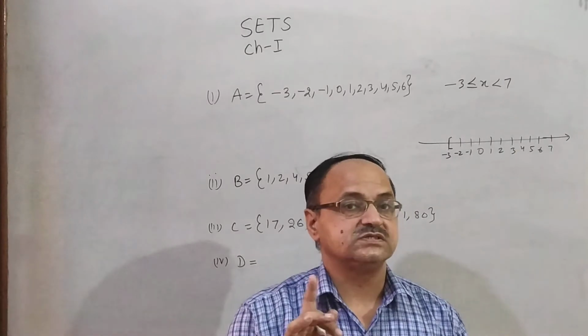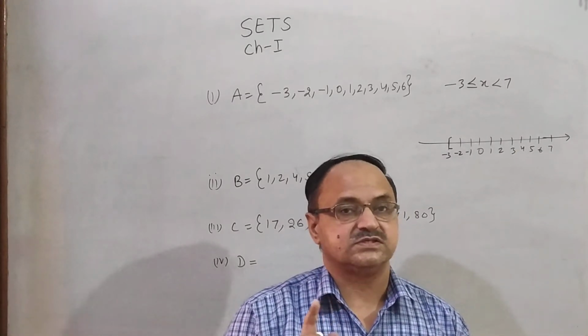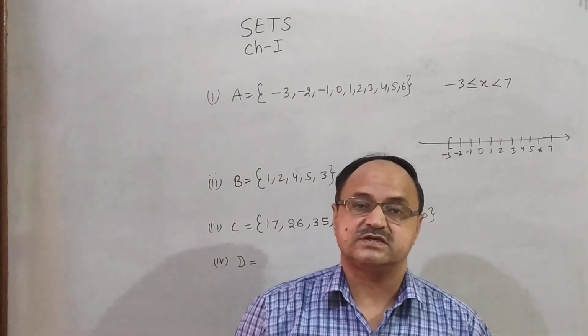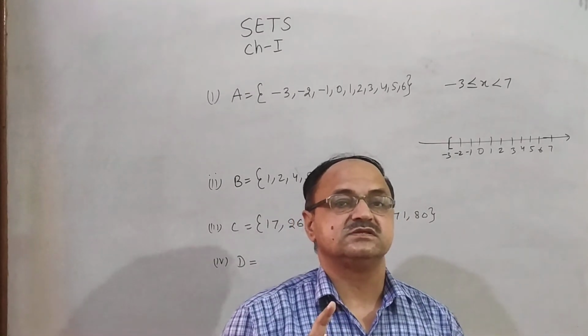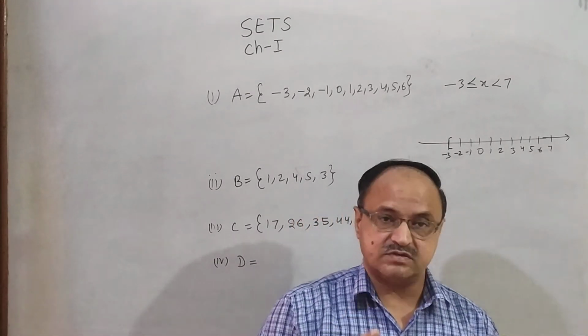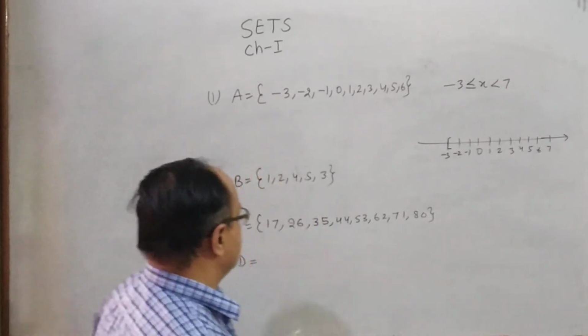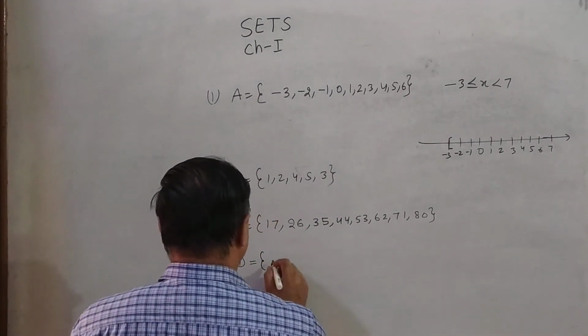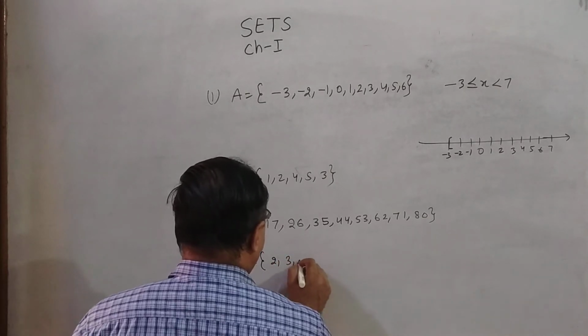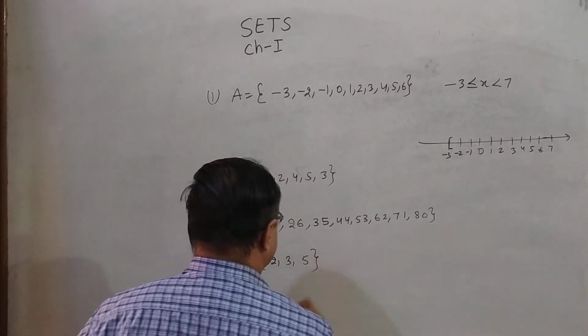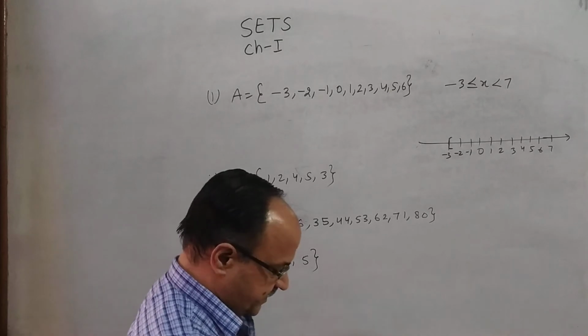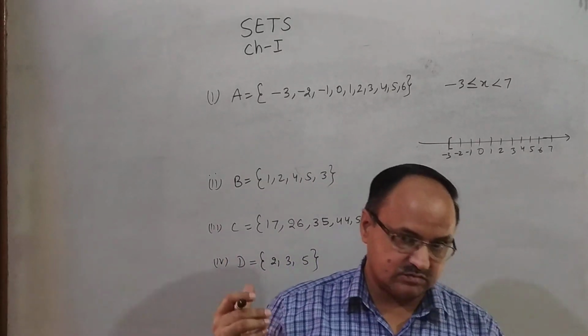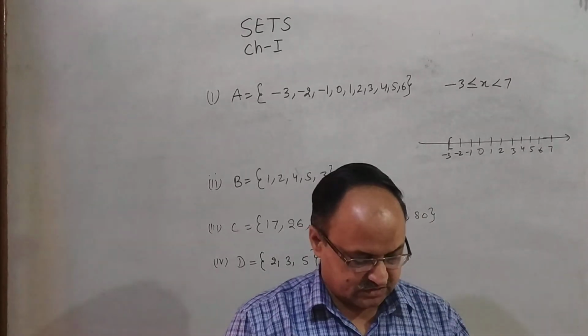But 1 is neither prime. 1 has only one factor. Therefore, 1 is neither a prime number nor a composite number. Therefore, the answer for the fourth part is 2, 3, 5. These are the prime numbers that are divisors of 60.